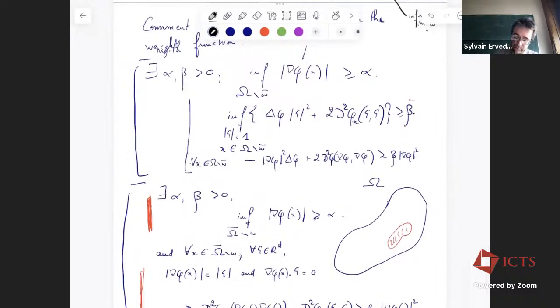If you are observing on the boundary, it means that in your Carleman estimate, you will need the conditions in the whole set capital omega. And on the boundary, you will only need the condition phi vanishes and the normal derivative of phi negative on the part on which you do not observe. And then you do exactly the same, at least when you have Dirichlet boundary condition. Does it answer your question? Yes? Good.